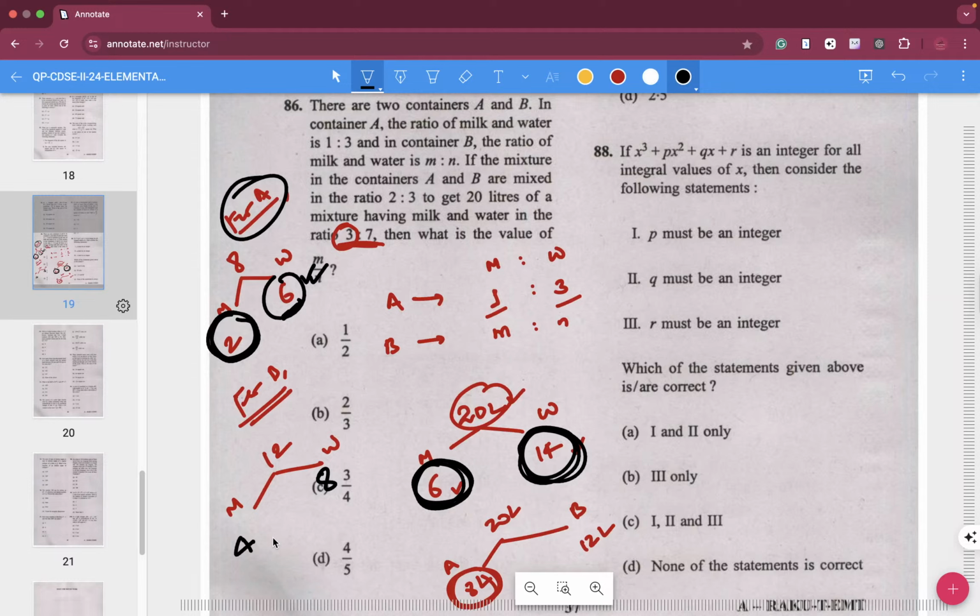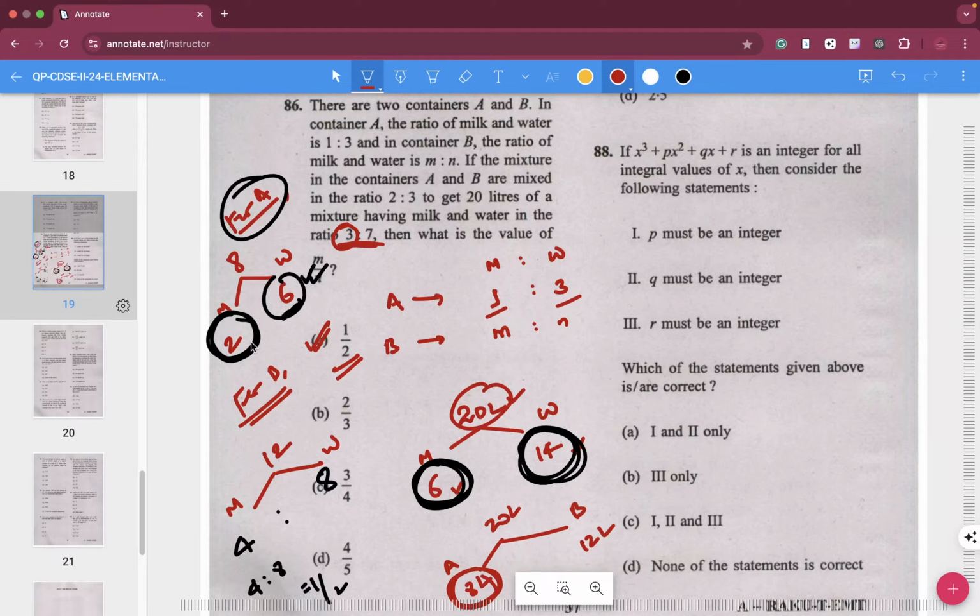B is providing the rest of the 8 units over here, which in itself is the ratio of milk and water in your B, which is your 1 is to 2. 1 by 2, folks. For 86, we'll go ahead with 1 by 2 as the correct answer, folks.